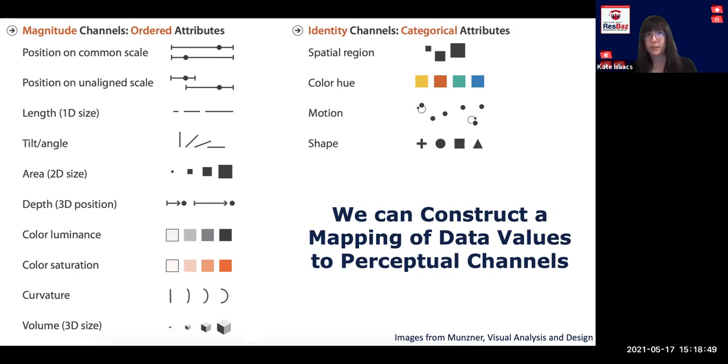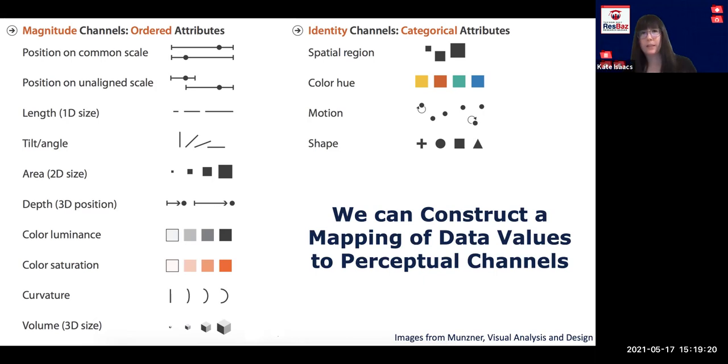So position on a scale, length, the size, and then notice certain aspects of color. So the luminance, how bright something is, and the saturation of a color. Whereas on the other side, categorical attributes, or as we say, nominal attributes, those map better to channels like the actual hue of the color. So we separate color out into these separate ideas of it based on which attribute makes sense.